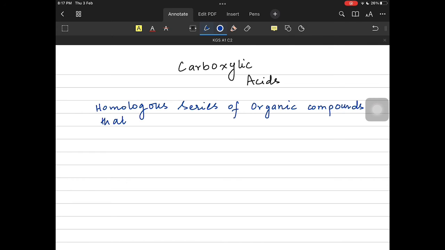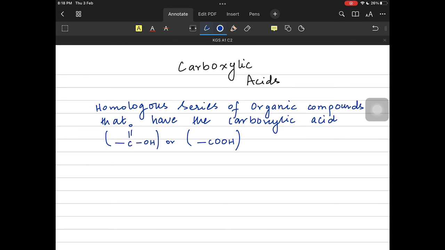So it is a homologous series of organic compounds that have the carboxylic acid functional group, which can be written as C double bonded to oxygen and then OH, or you can simply call it COOH. This is the carboxylic acid functional group.